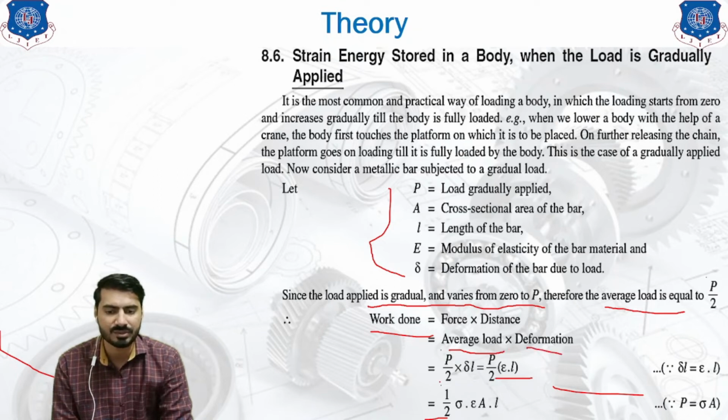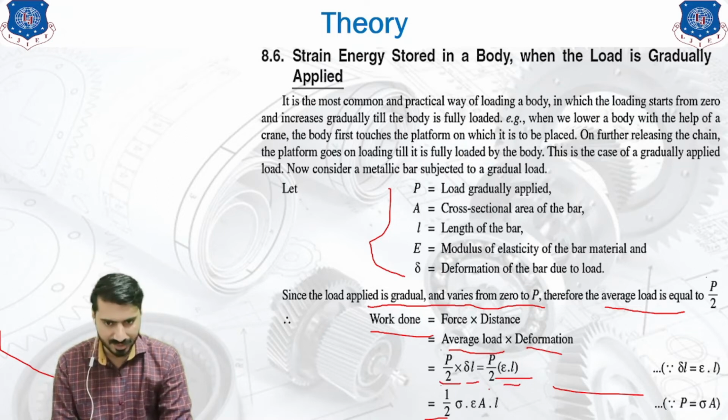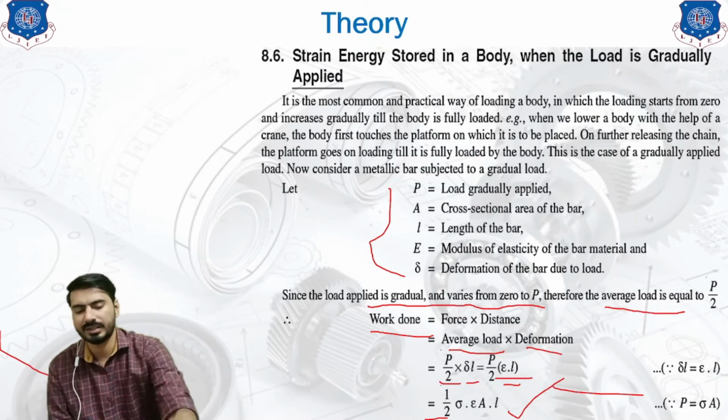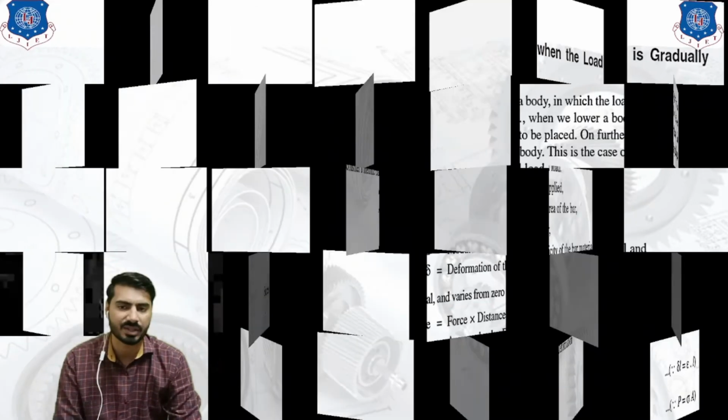The average load here is P by 2, and the deformation is delta L. Instead of delta L, we can write epsilon into L, where epsilon means strain, into length. And ultimately, instead of P, the force, we can write stress into area.